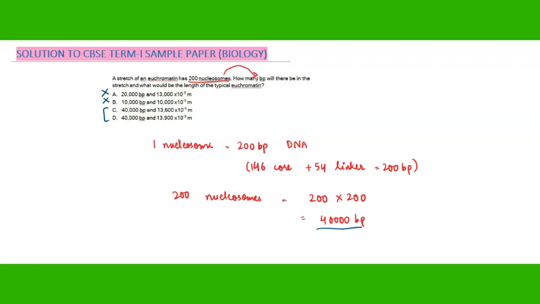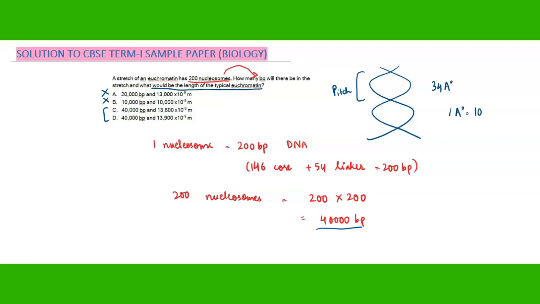Now let's find out what they are saying. They are asking what would be the length of the typical euchromatin. Now if you have studied the DNA structure, this is known as the pitch of DNA, which is 34 angstrom. Right? And 1 angstrom is equal to 10 to the power minus 10 meter. Now simply we will use the same value and multiply it with the base pairs.